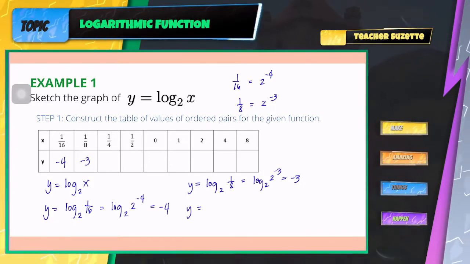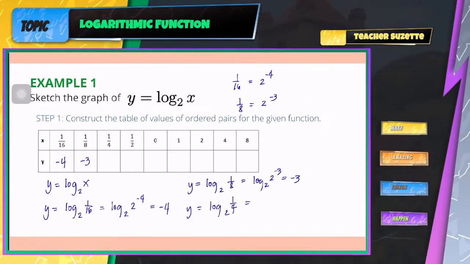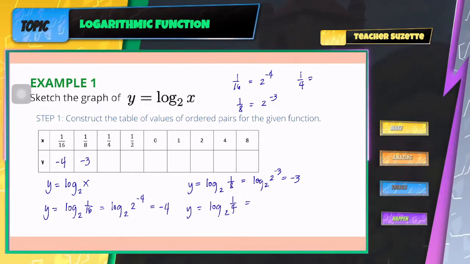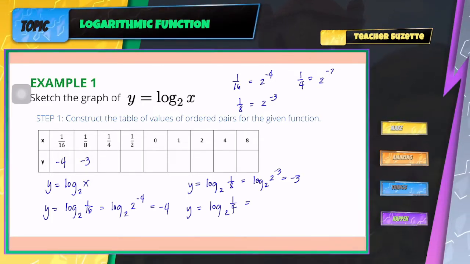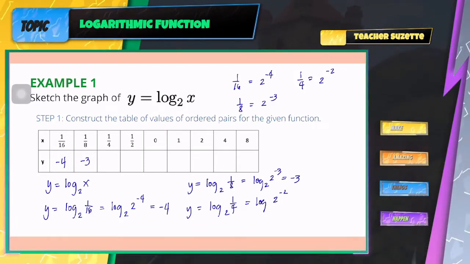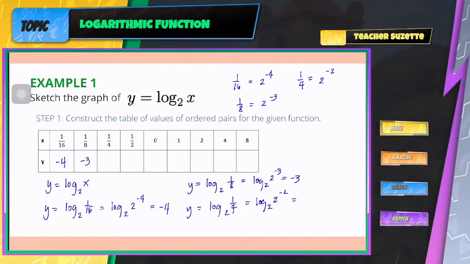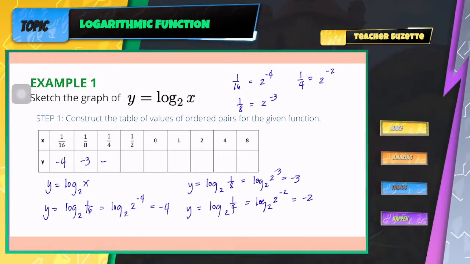Next, y is equal to the logarithm of 1/4 base 2. And 1/4 can be written as 2 raised to negative 2. So we have logarithm of 2 raised to negative 2 base 2. So we have y is equal to negative 2.